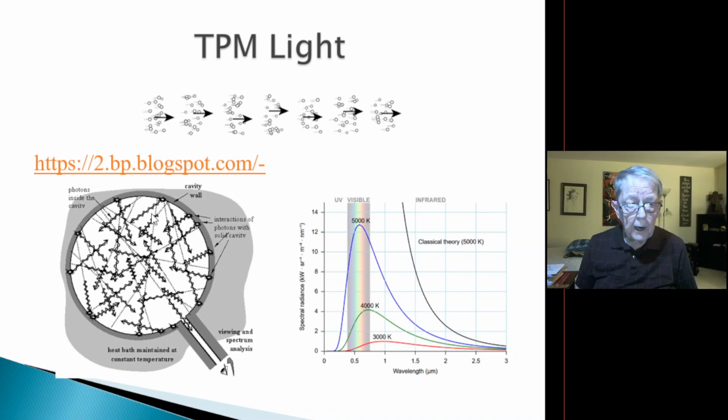Well, here's a diagram of the cavity. This is not a box this time. It's a circular cavity. By the way, it has a double wall with an evacuated space in between the walls to help stabilize the temperature, and they heat it up to 5,000, 4,000, 3,000 Kelvin, or whichever they want. And the inside of this cavity generates, in this case, this picture says it generates photons.